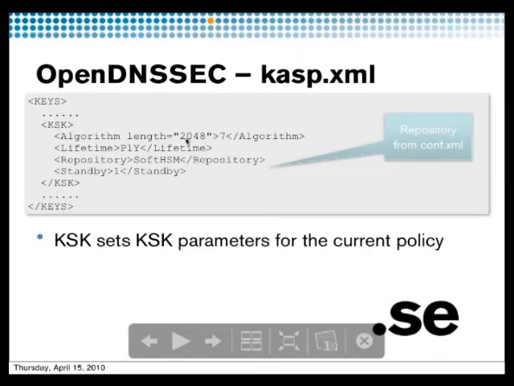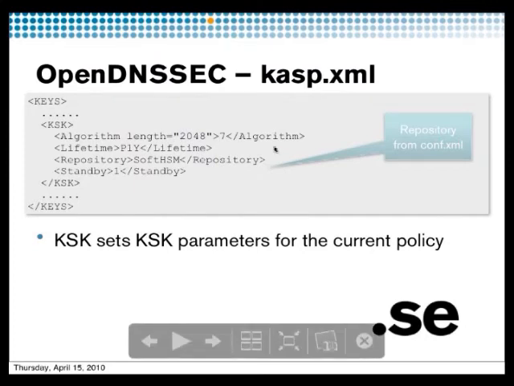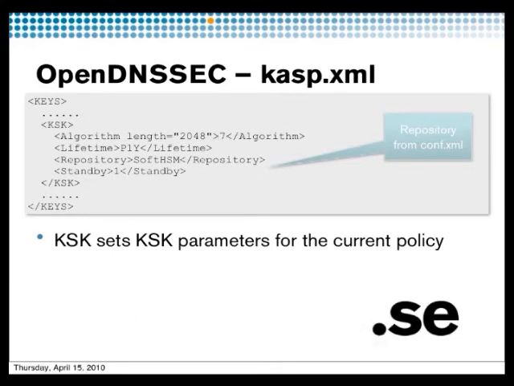And then you have your KSK, and now you see that we specify the bit length if you're going to use an RSA. In this case, I think it's RSA SHA-1 NSEC3, this algorithm is called, and 5 is for RSA SHA-1. Then there's also 9, 10, I think, and 8.